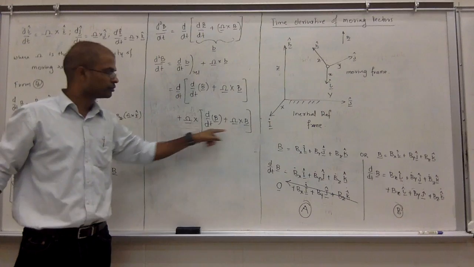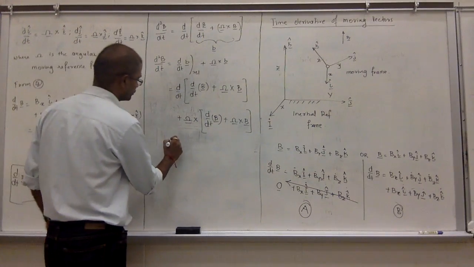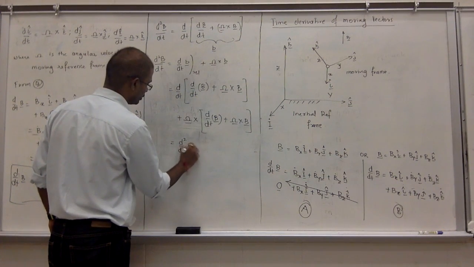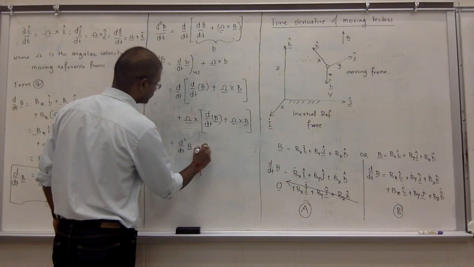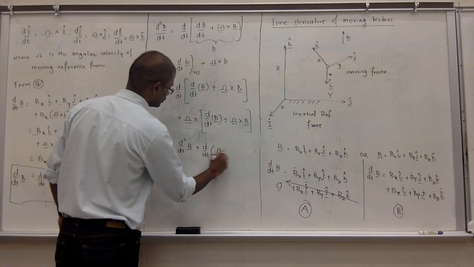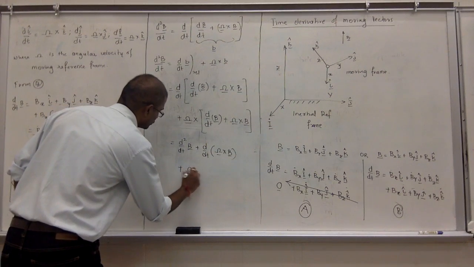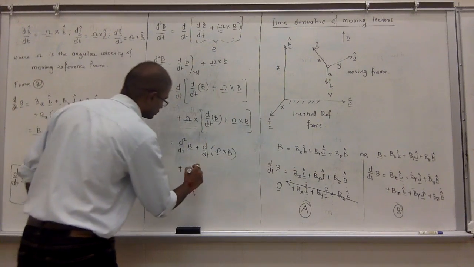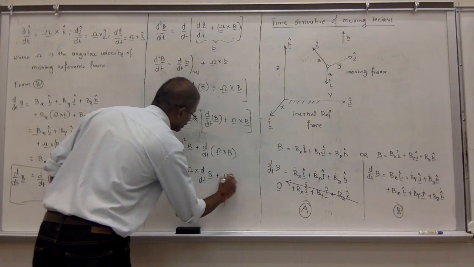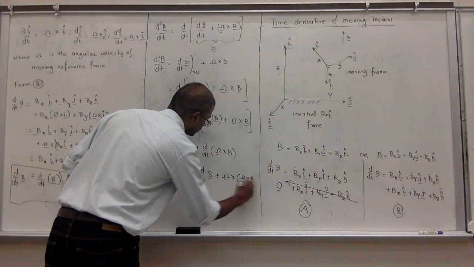That small b again is this. Got it? So you have d square b over dt square, plus d over dt of omega cross b, plus omega cross with d over dt of b, plus omega cross with omega cross with b.